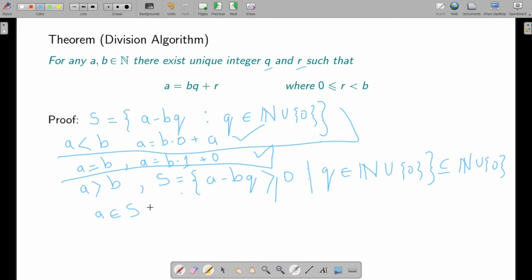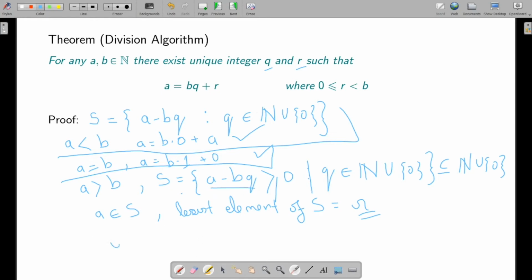Okay, and if S is non-empty, by the well ordering principle, which also works in N union 0, it has a least element. Let's call that least element of S as R. And this least element is going to have some expression of the type A minus BQ.